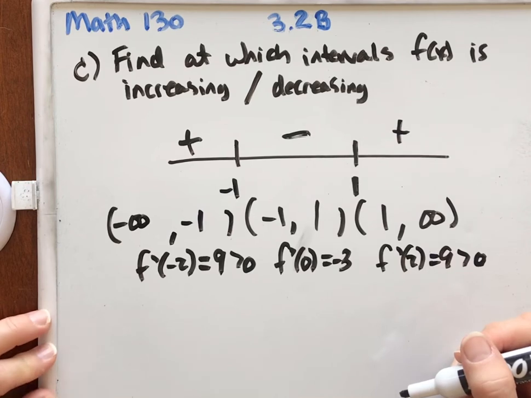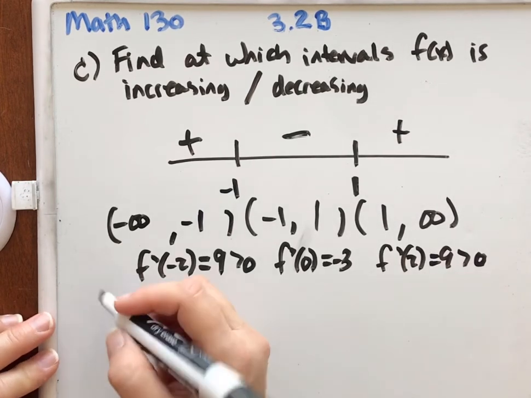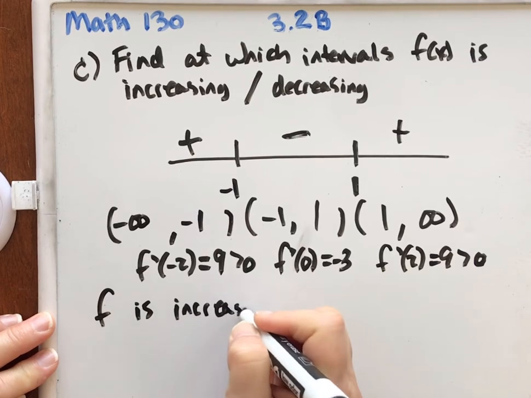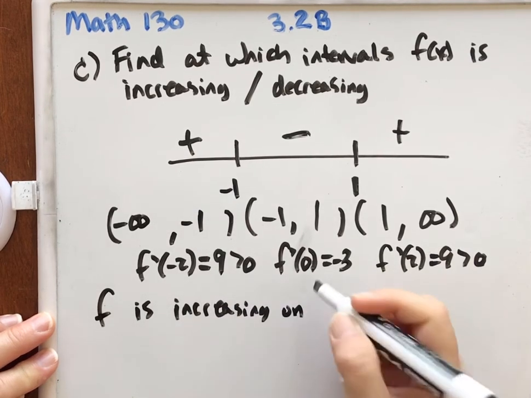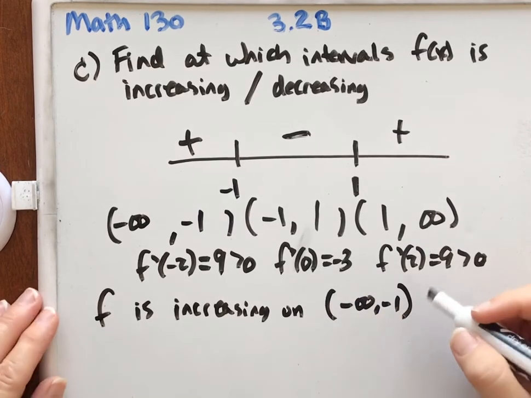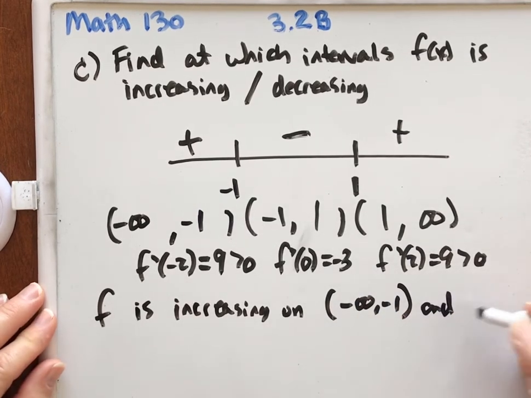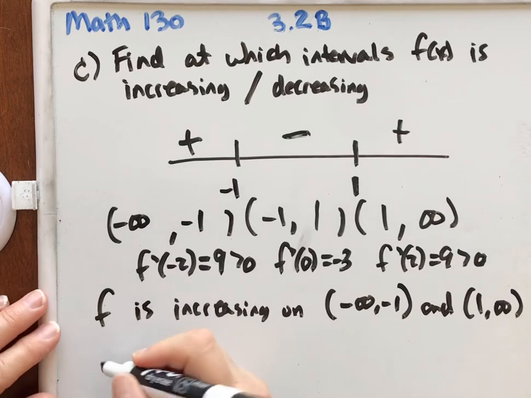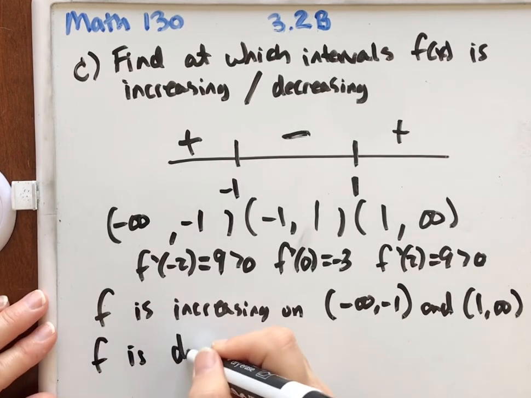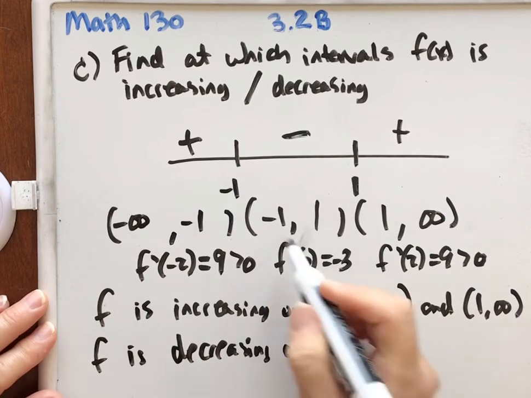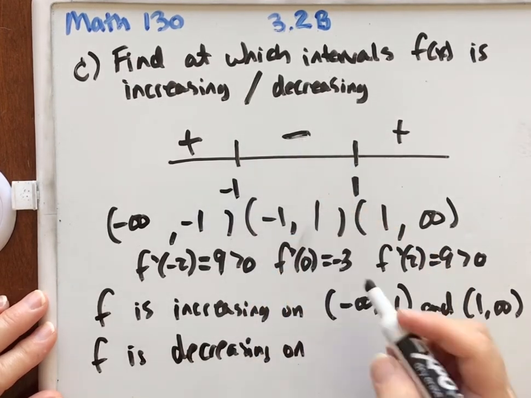So now we state where it's increasing and decreasing. f is increasing on -infinity to -1 and 1 to infinity. So we have our pluses there for these intervals. And f is decreasing on -1 to 1. There's a minus sign there.